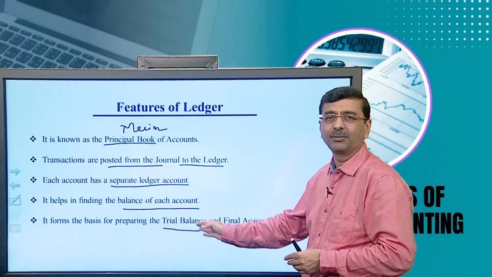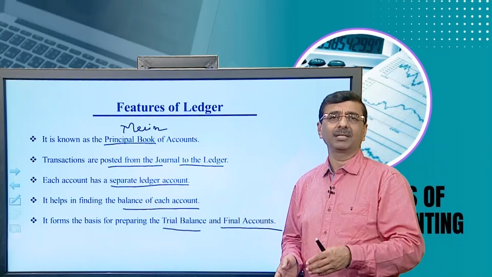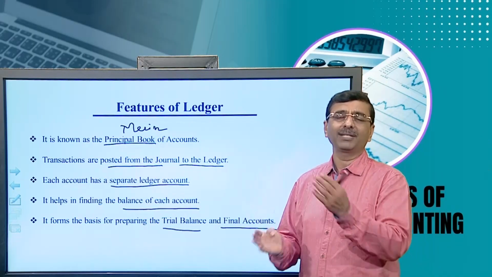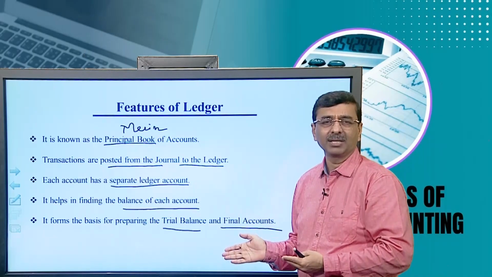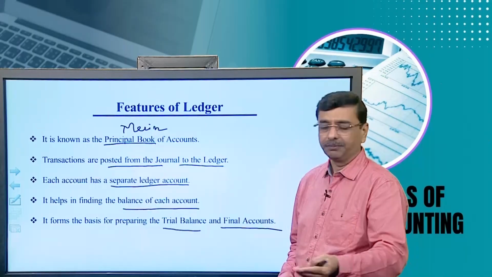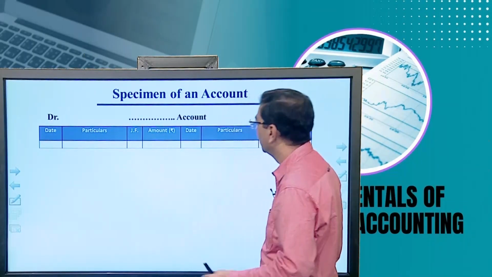At last, from the trial balance we prepare the financial statements, and any particular account affects the respective financial statement account or statement to which it will be transferred. So these are the features of the ledger.